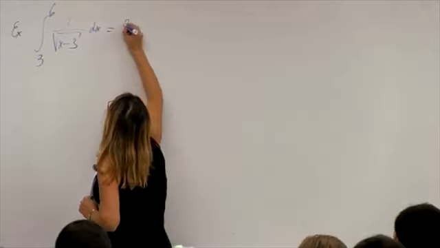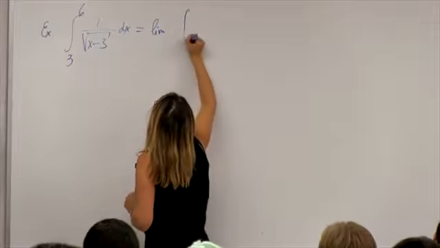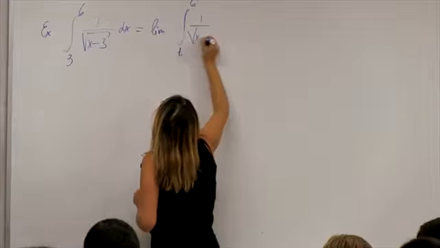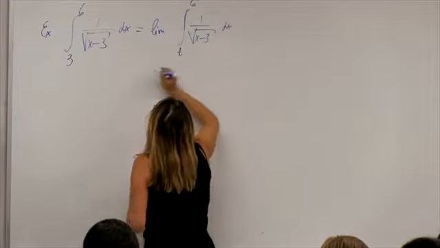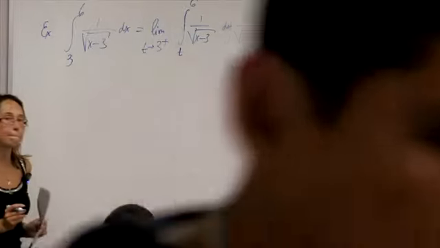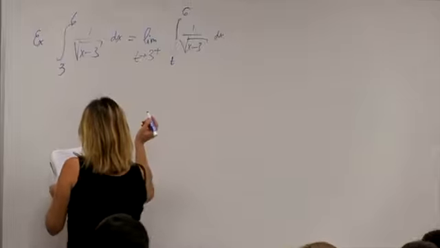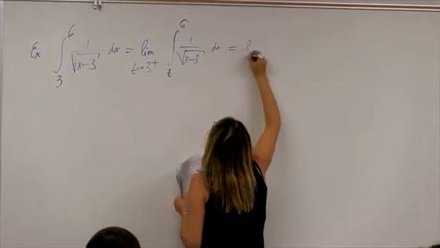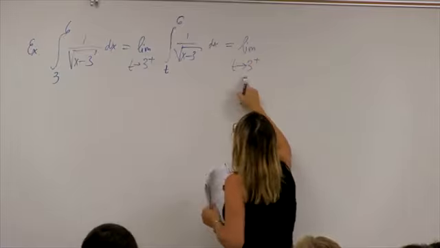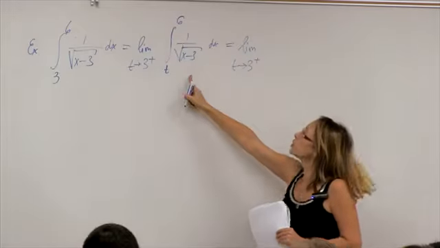So we say the limit, we replace 3 with t. This is 6. And t tends to 3 on the right. Now, when we ignore the limiting process, this is just a definite integral which is continuous.